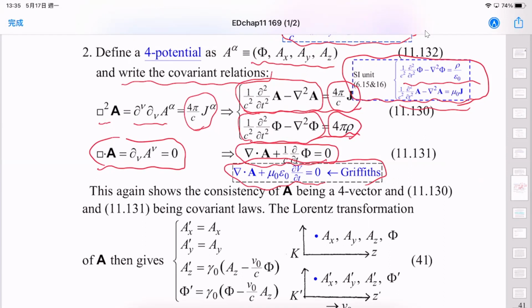So here we just define a 4-vector in this form. And then we prove A is a 4-vector because it satisfies these simple relations, such as the Lorentz gauge and wave equations. This again shows the consistency of A being a 4-vector and being a covariant law, invariant in form.